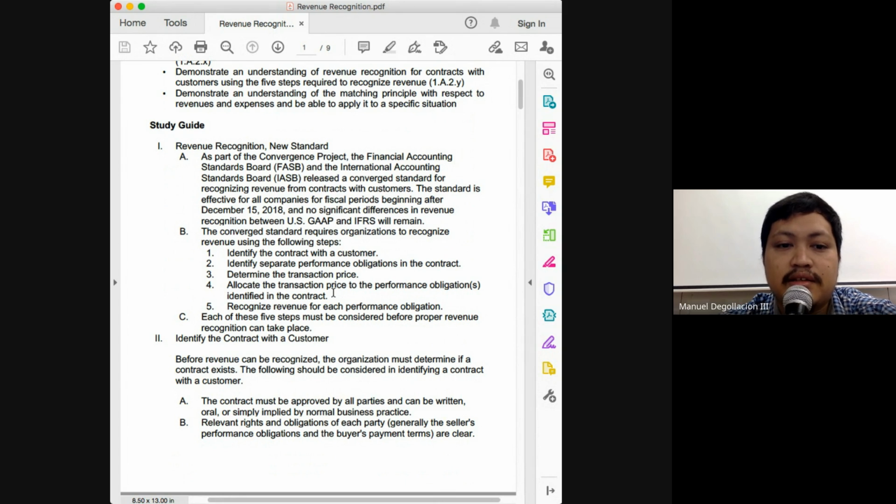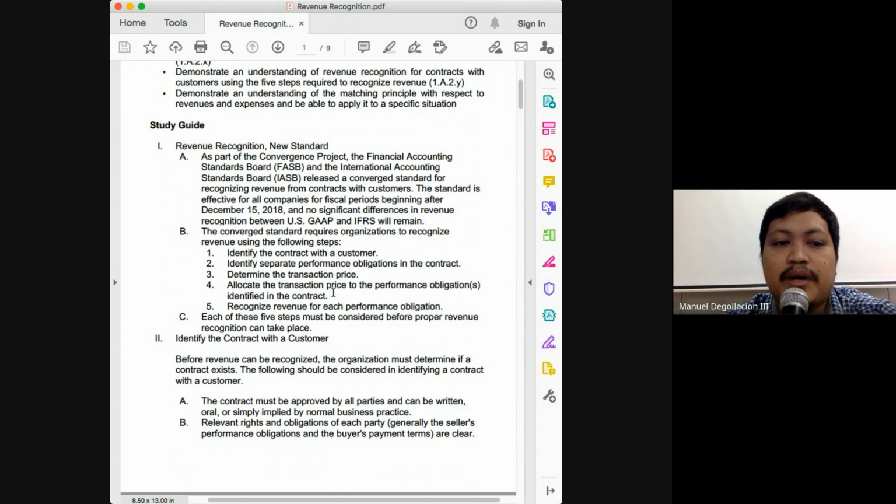Okay, to recognize revenue. And all the other words there, class, can just be supplied by you by your understanding of these steps. Okay, first, identify. Identify what? Contract. Contract with whom? Contract with the customer. Number 2, identify separate performance obligations from the contract. So the word contract here is also recurring. The same for transaction price, recurring for steps 3 and 4.